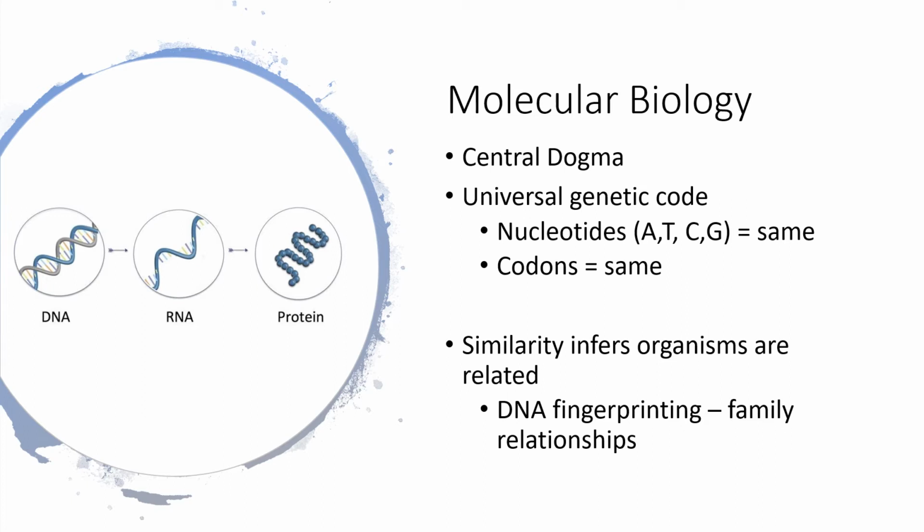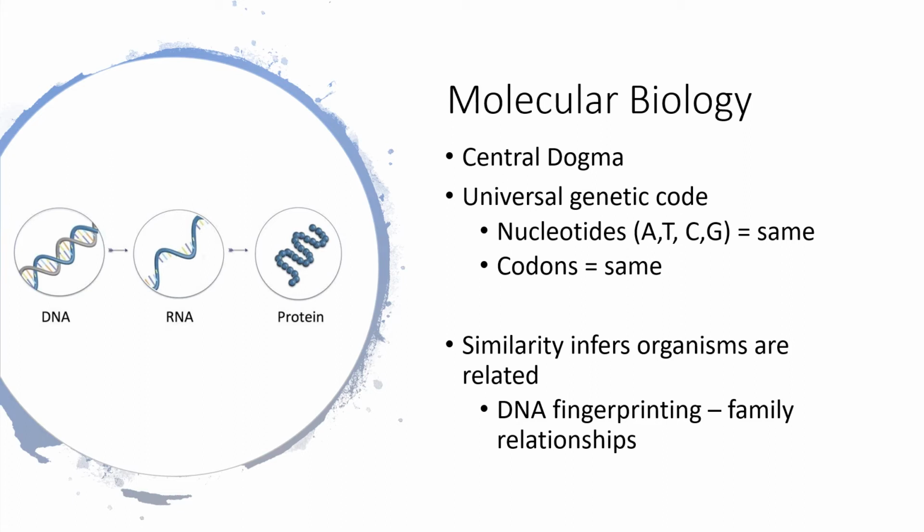They store information in DNA, they transcribe that information to RNA, and they use RNA to make their proteins. They use the same nucleotides, A, T, C, and G, in their DNA, and the codons that code for the amino acids are the same. So this whole DNA and gene expression ties all living organisms together.